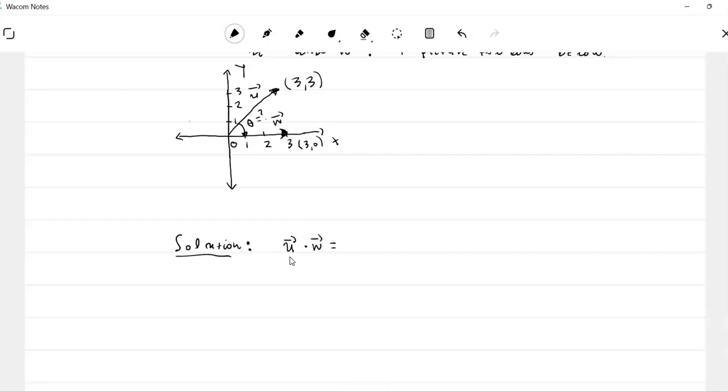U dot W is the modulus of U, the length of U, times the length of W, times cos theta, where theta is the angle formed between the vectors U and W. So from here, we can solve with respect to cos theta. So cos theta is U dot W over length of U times length of W.